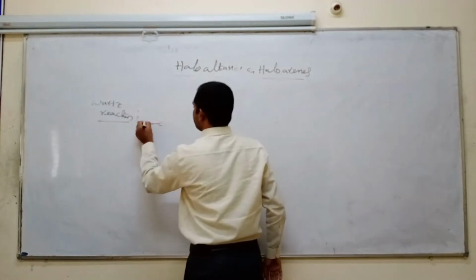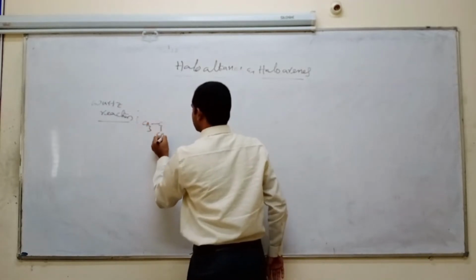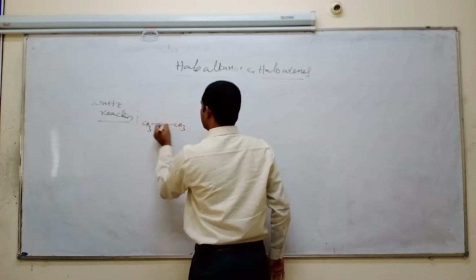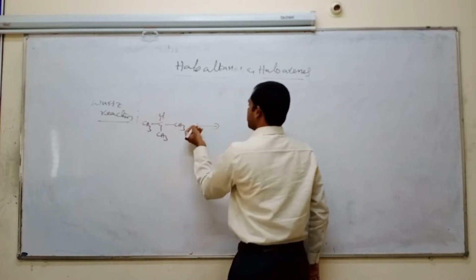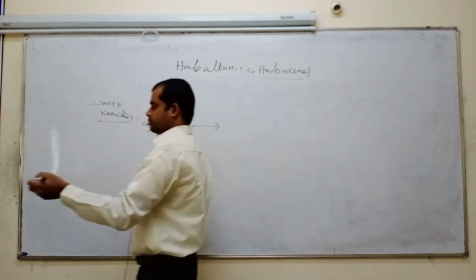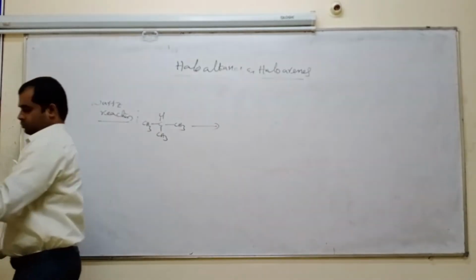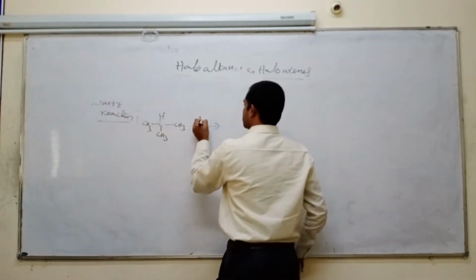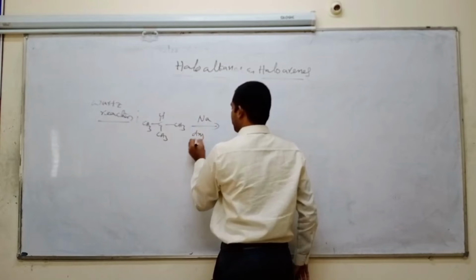Suppose we take the tertiary compound, carbon with CH3, CH3, CH3, and Cl, in the presence of sodium with dry ether. In the presence of sodium and dry ether, what happens?